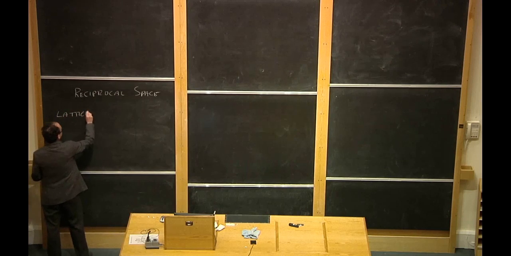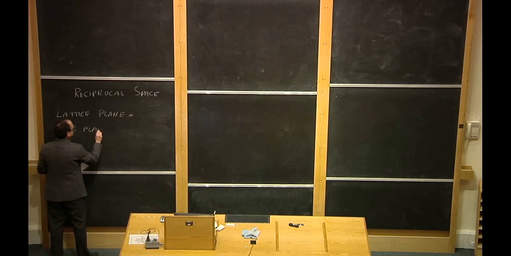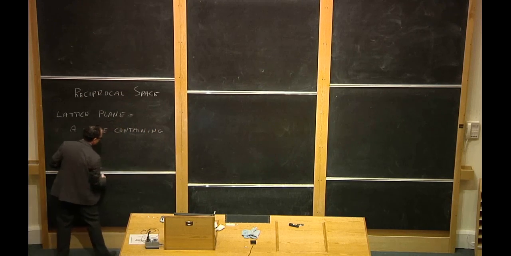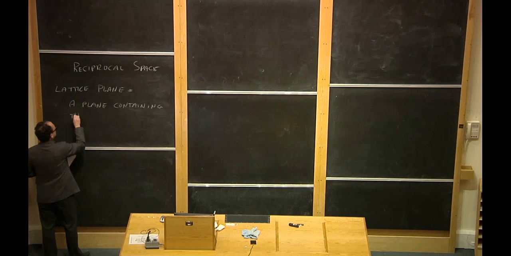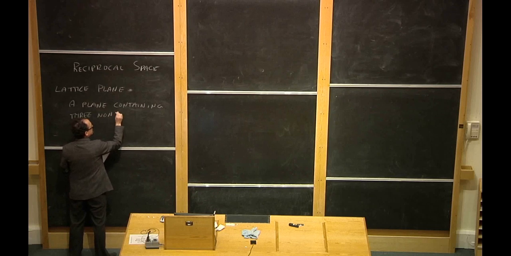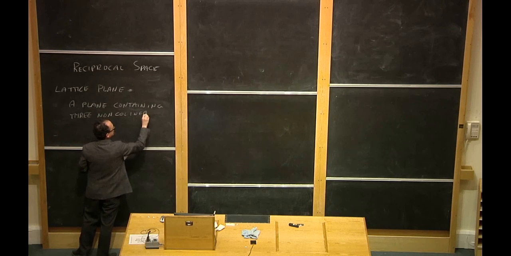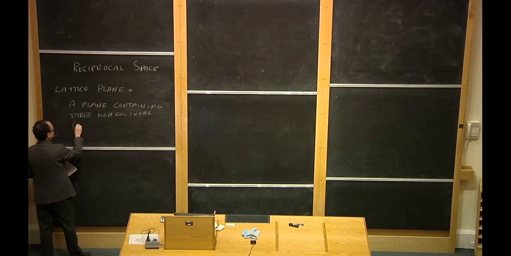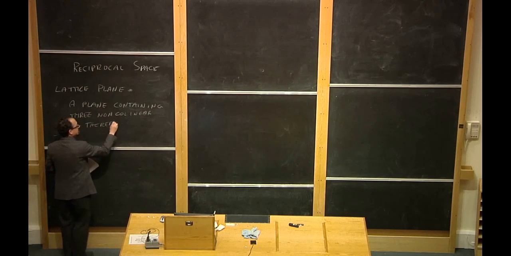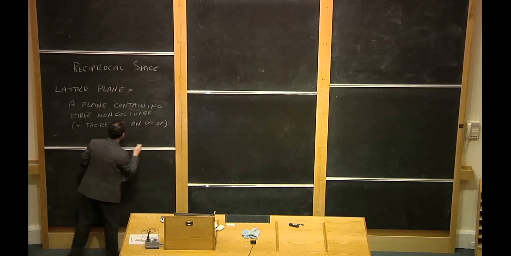A lattice plane equals a plane containing three non-collinear, and therefore an infinite number of lattice points.